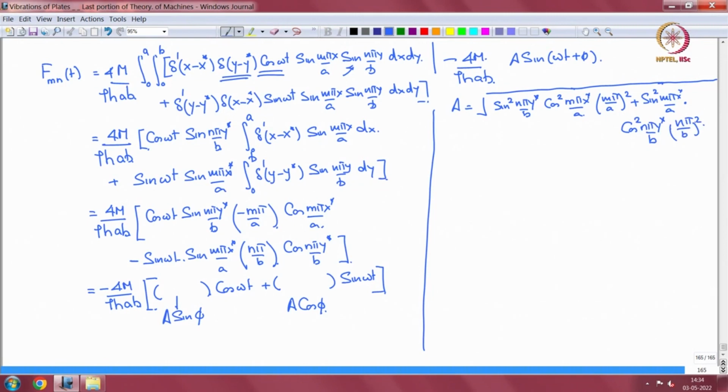All these under the root. Okay. So then what happens? Then I have f mn of t, I will write for now as minus 4m by rho h ab A times e to the power of j omega t plus phi.